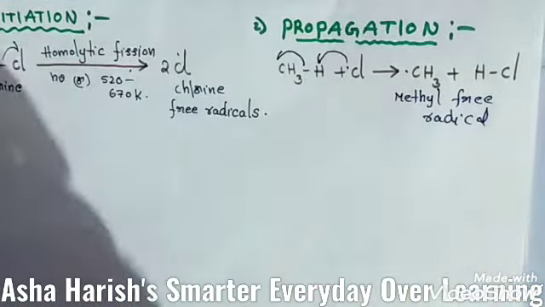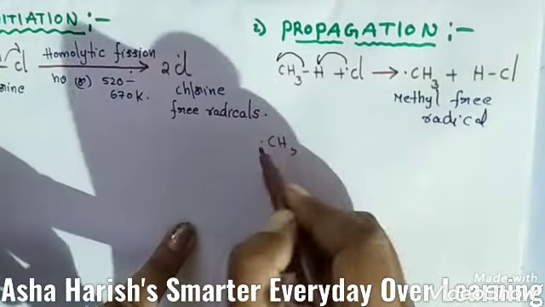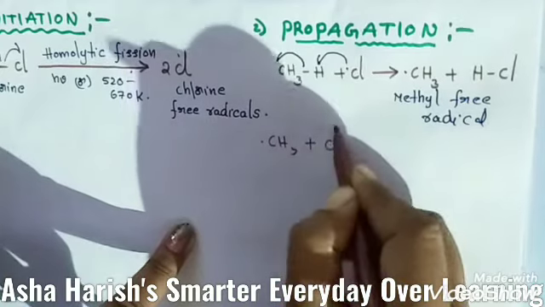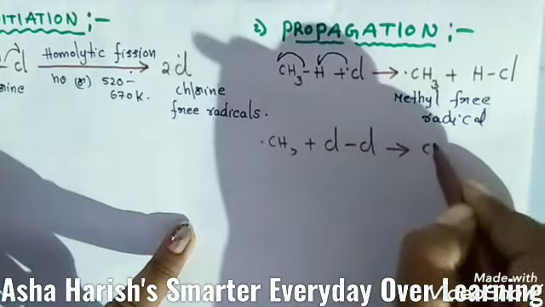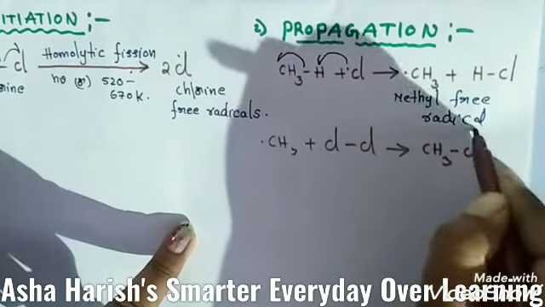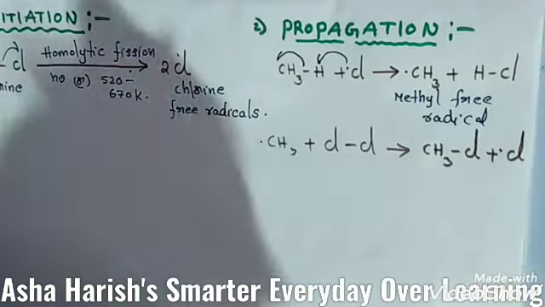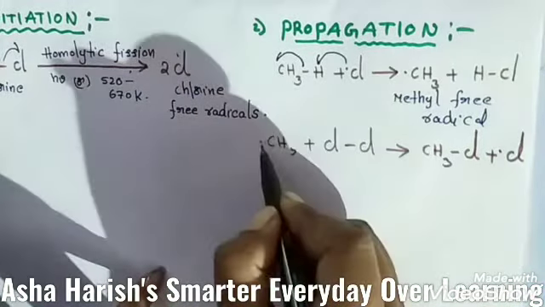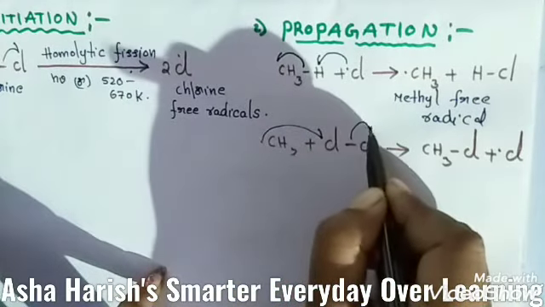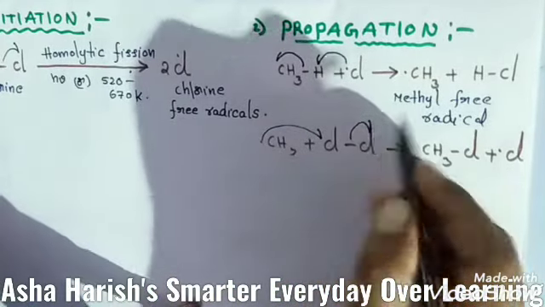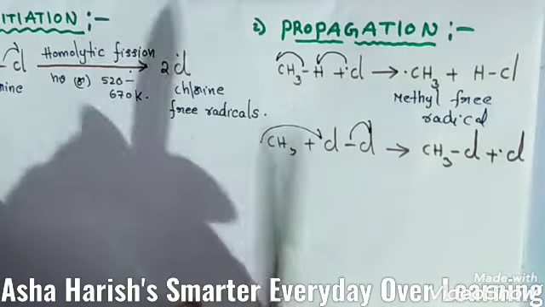After that, in the second step, this CH3 methyl free radical, if you add chlorine molecule Cl2 to this, then the formed compounds are CH3Cl plus chlorine free radical. Okay, and here this single electron transfers like this, and this bond like this. Now this is the second step, the second one, propagation.